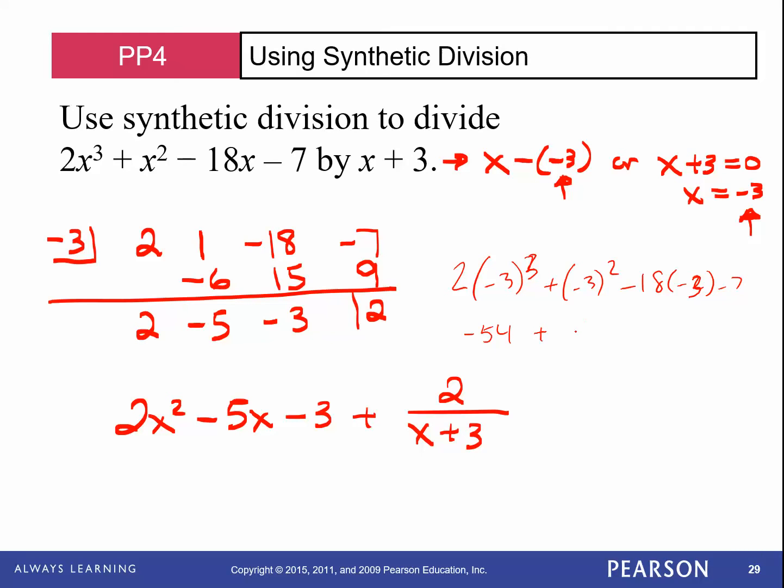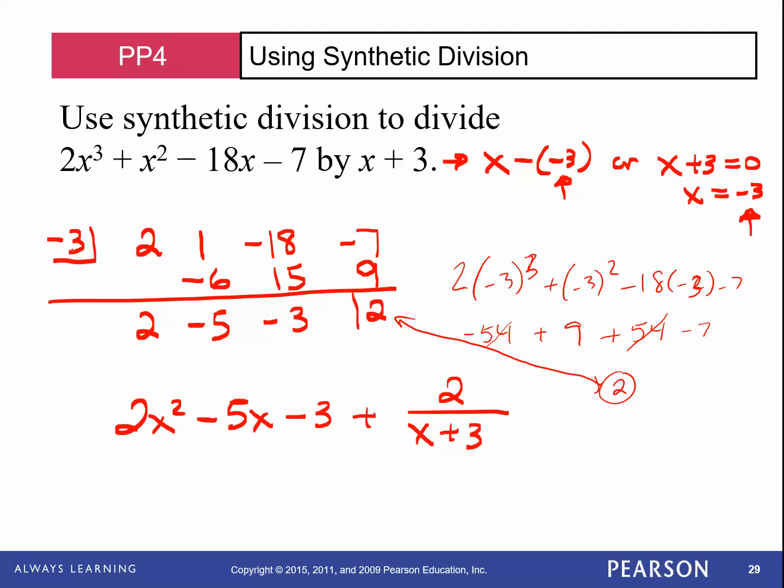You guys watch me, make sure I do it correctly here. 9. Is that positive 54 then? How interesting. Those two cancel, is that right? Positive 2? That's so cool.